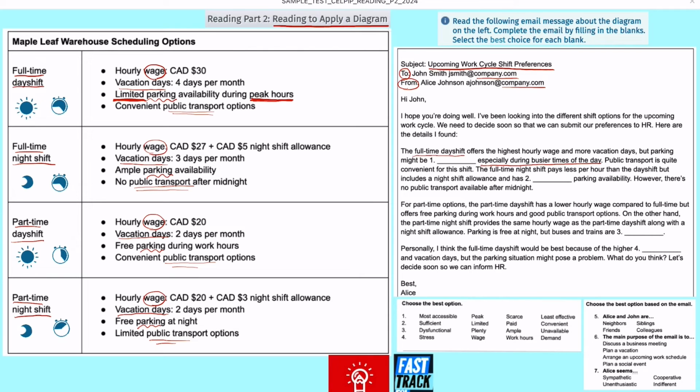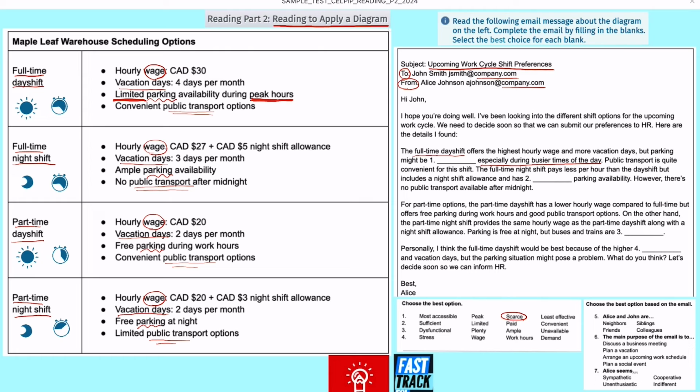Do we have something that means limited among the options? So I have most accessible, peak, scarce, and least effective. So when we say that the parking is limited, it means there aren't many options, right? And a good synonym for this is scarce. So the correct answer to item number 1 is C, scarce.